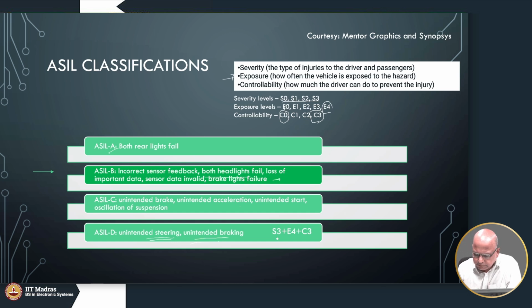So this is a very high severity level, and E4 means it's not very likely. It's not so easy to make that happen. And here the controllability unfortunately will be poor, because if the driver could control the steering, he would have done it, but somebody has taken over.